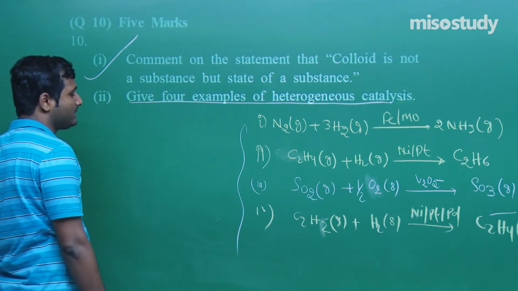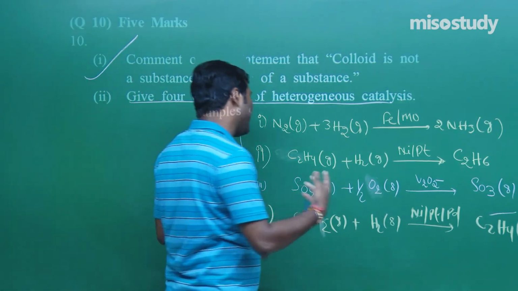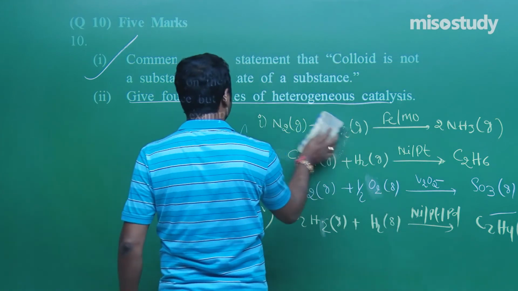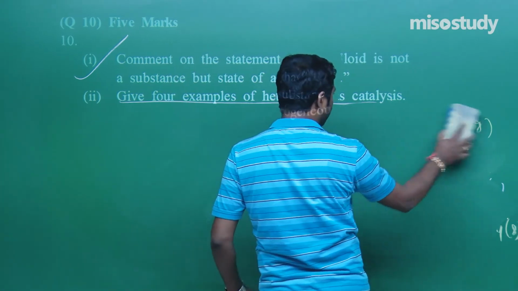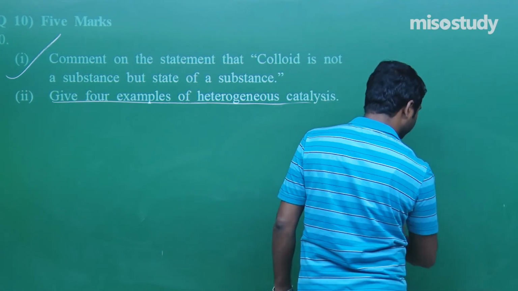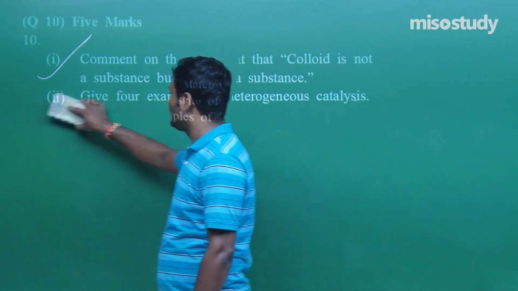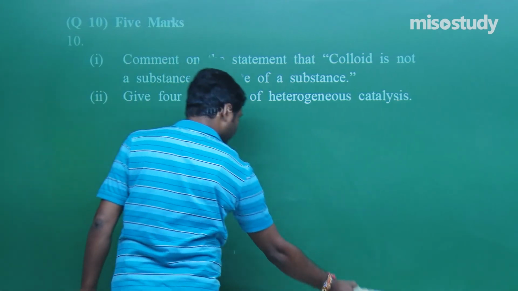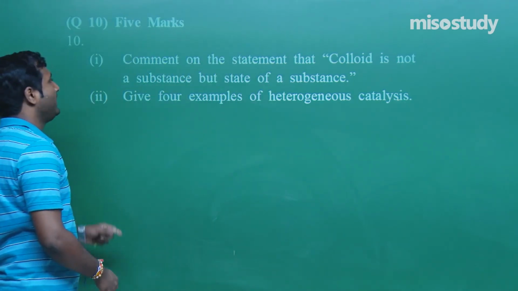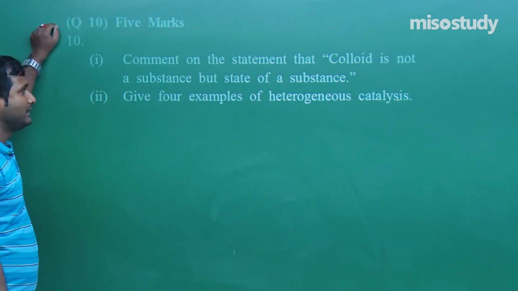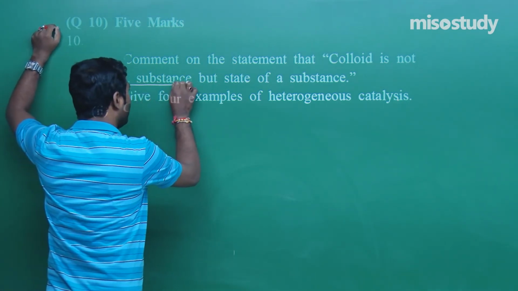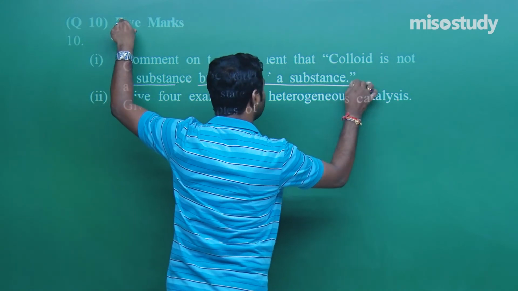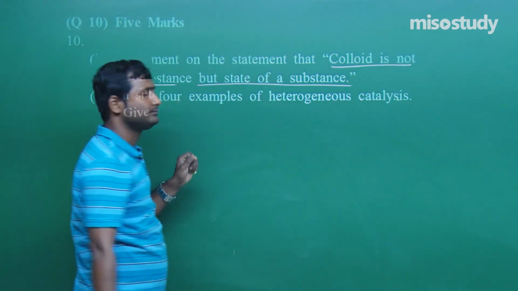It is very simple. It is completely theoretical, analytical based. You have to analyze, reasoning type you can say. Now read the question carefully, listen carefully to what is given here. Comment on the statement that colloid is not a substance but a state of substance.